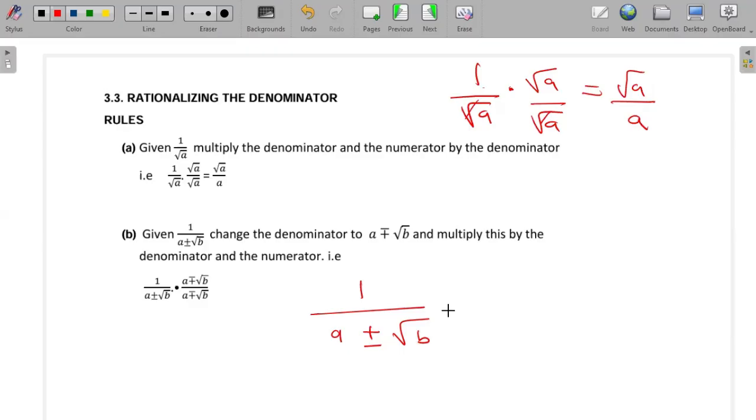So the conjugate will have a different sign from what you have. So meaning if it was plus here, you multiply by the negative first. If it was negative, you multiply by the positive like that. And the root B follows, both in the numerator and in the denominator like that. So it will be negative and plus there root B. Okay, so now let's apply this.